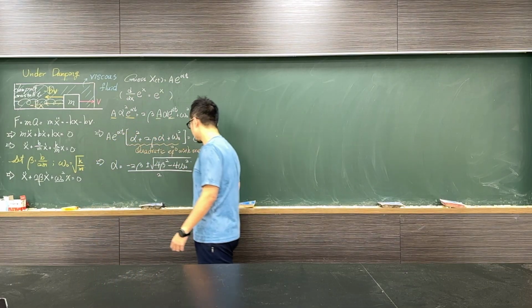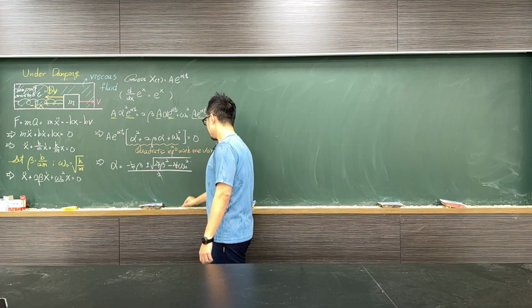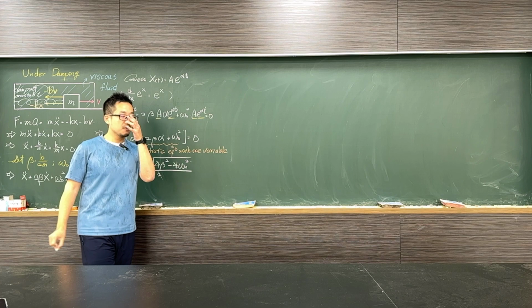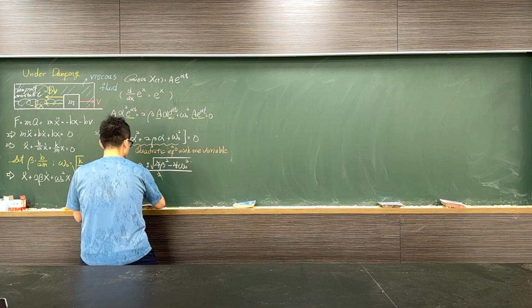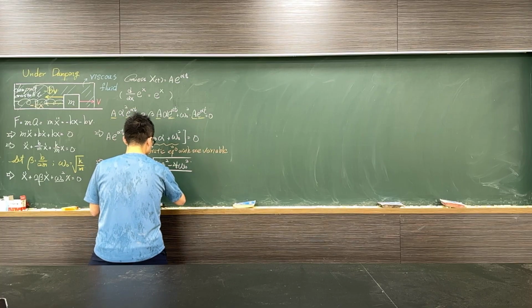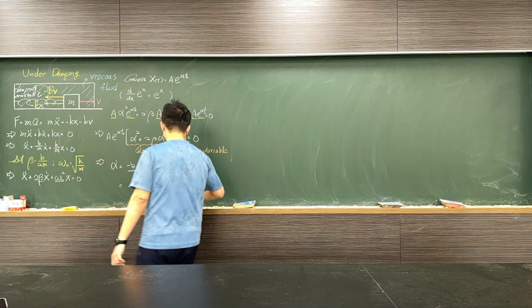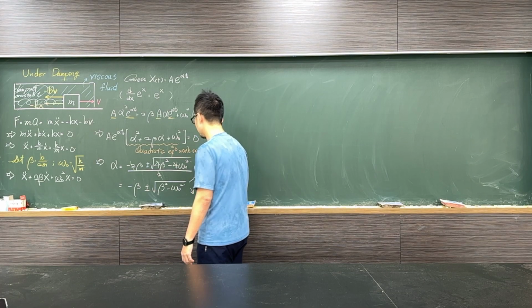All right, the 2 can be cancelled. So we get 2 possible alphas, right? This is minus beta plus or minus the square root of beta squared minus omega naught squared. You can see we get 2 possible alphas. I can name them alpha 1 and alpha 2.